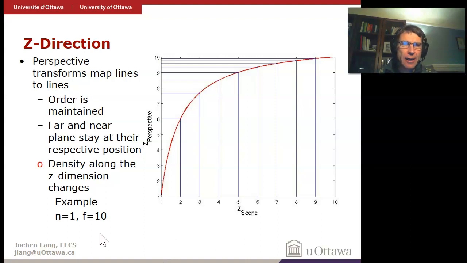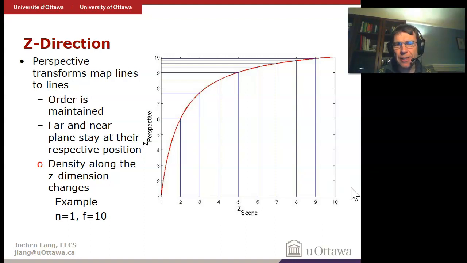So here I have an example, where n equals 1 and f equals 10. It's just this example. Down here I have my scene, my z-coordinate. So my z-coordinate in the scene starts at, strictly speaking, minus 1, 2, 3, and so forth to minus 10.